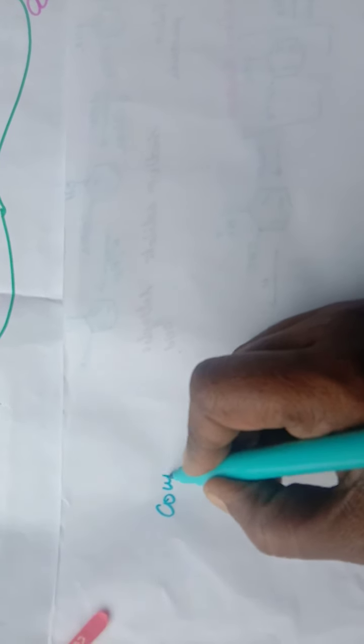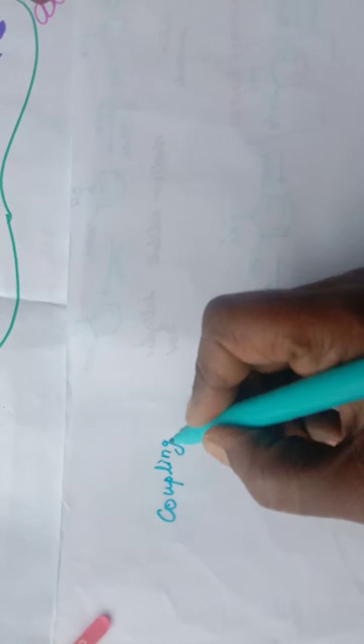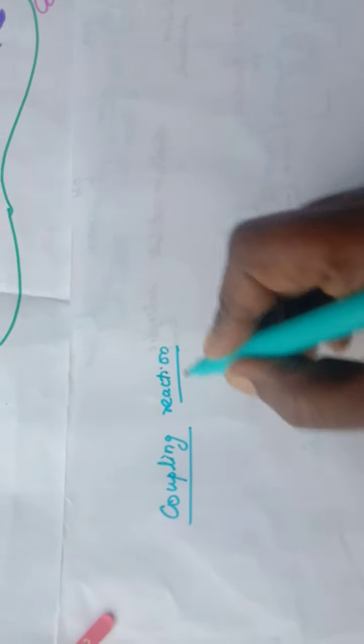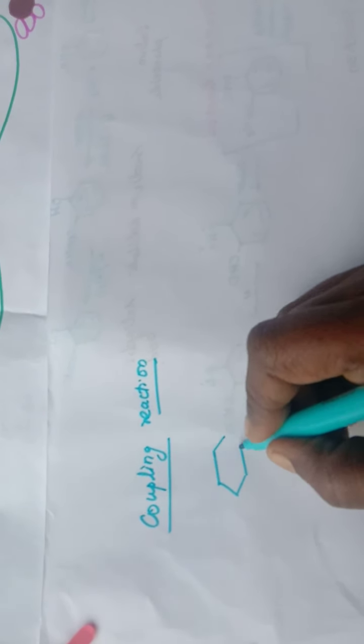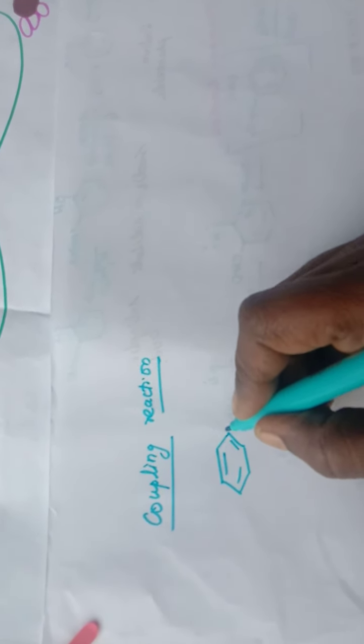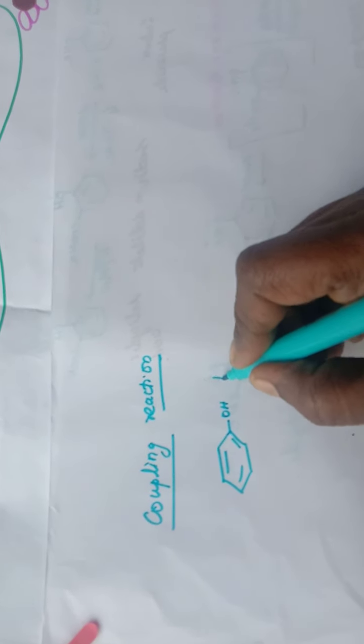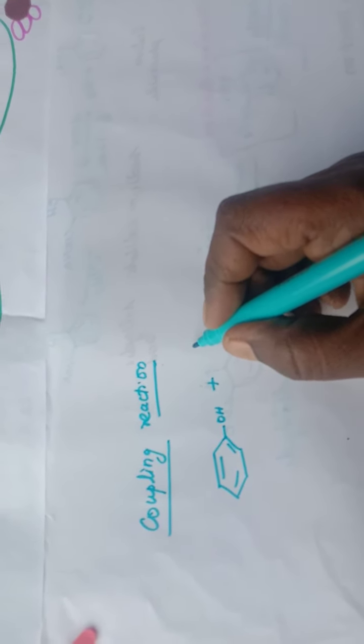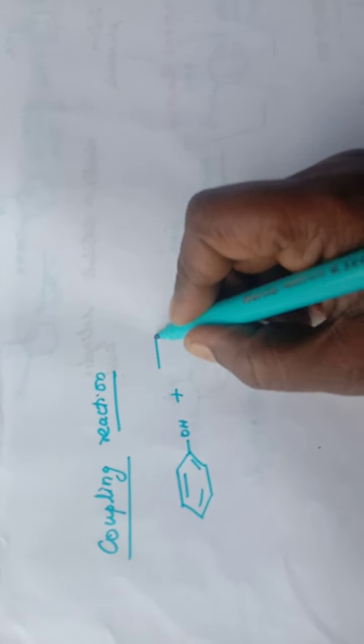The next one is the coupling reaction. Phenol undergoes reaction with diazonium chloride.